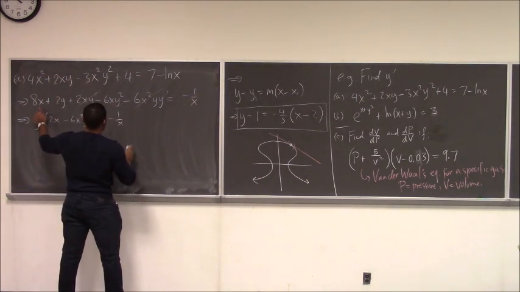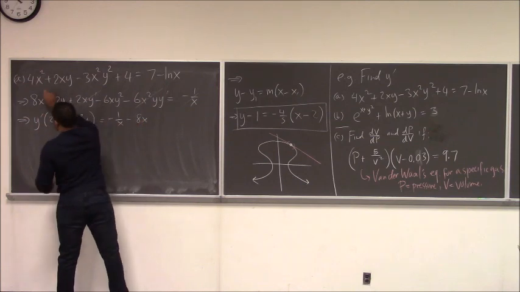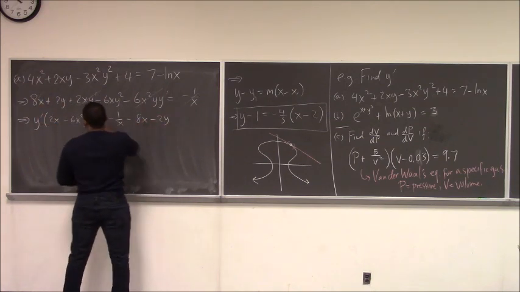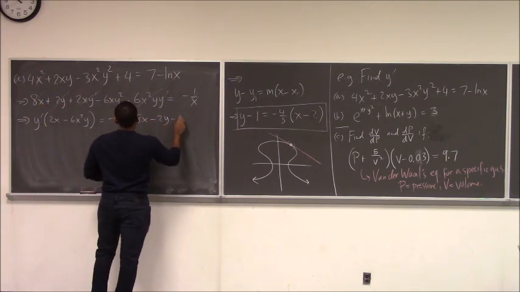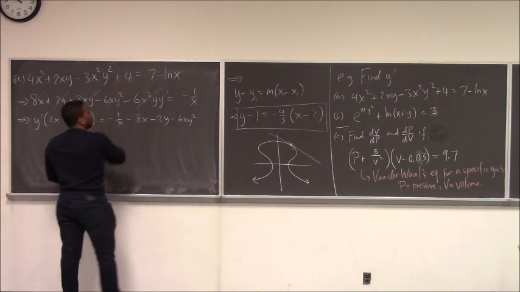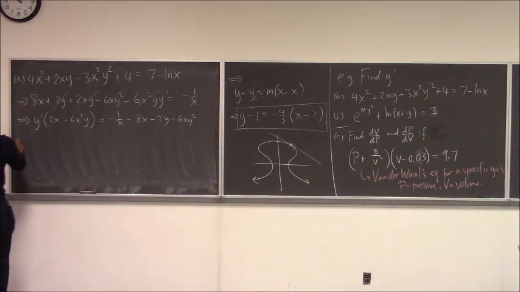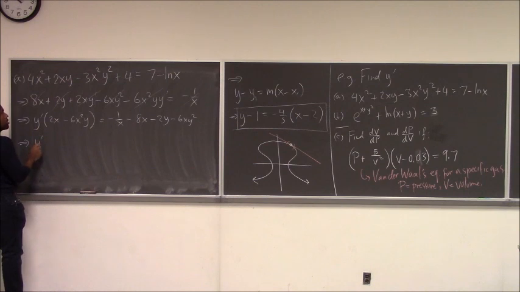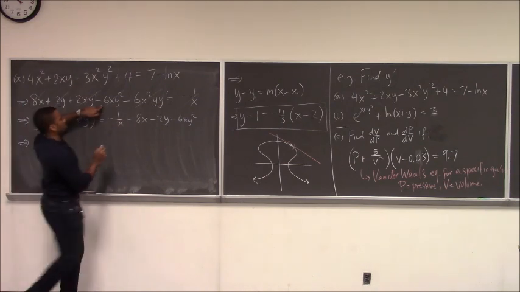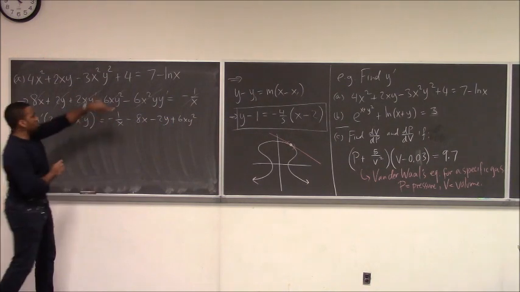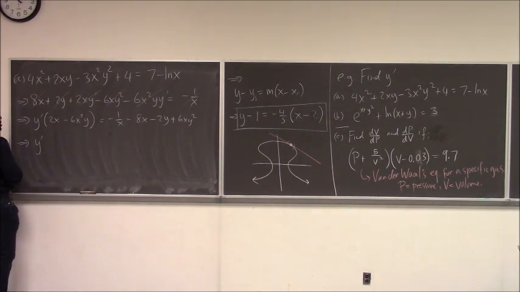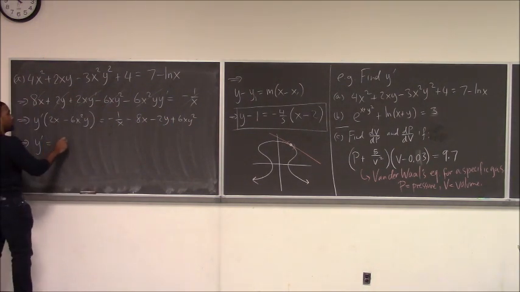Then bring everyone over, so we have minus 8x minus 2y minus 6xy squared. That accounts for everyone. Is it plus 6xy squared? Yes, because we move it over, it's positive. And so now we can solve for y prime.